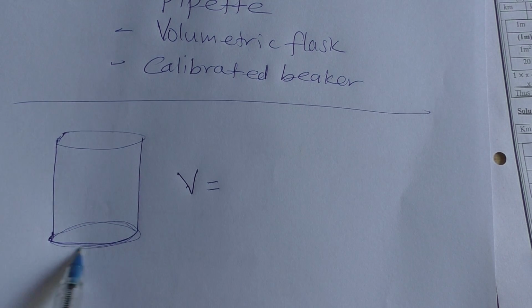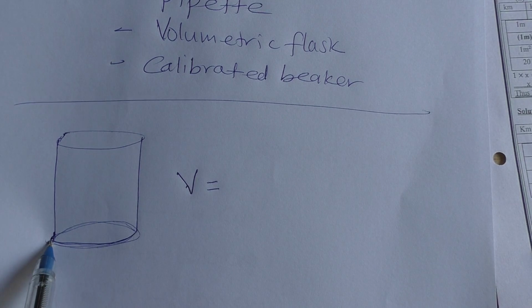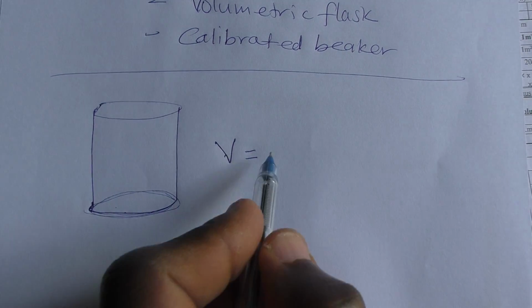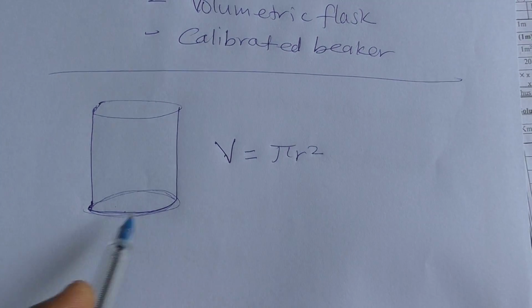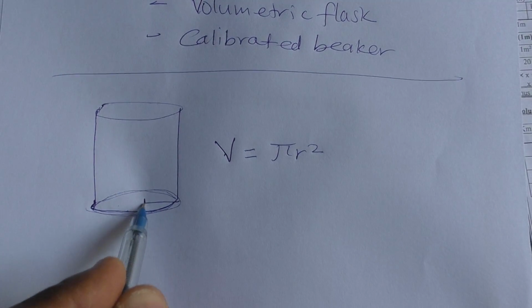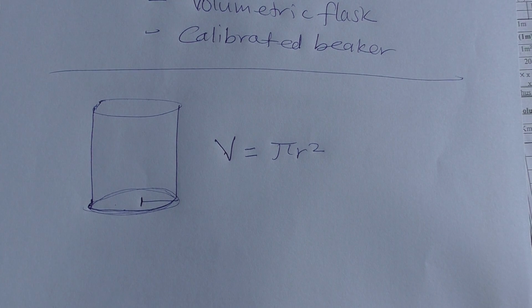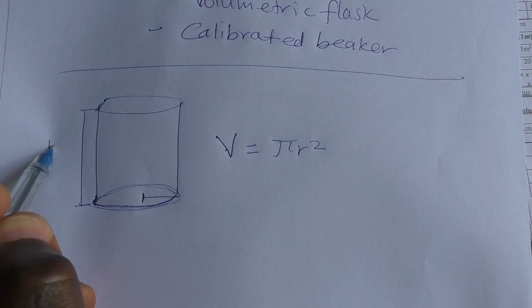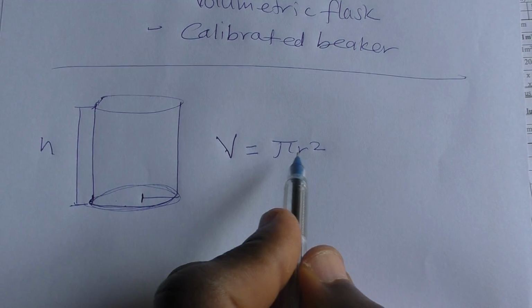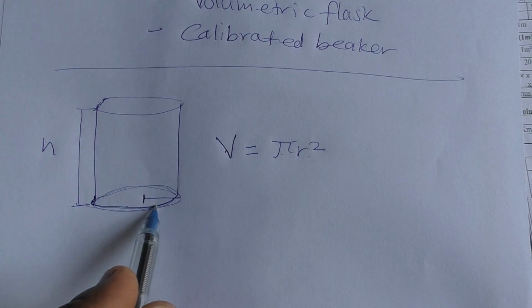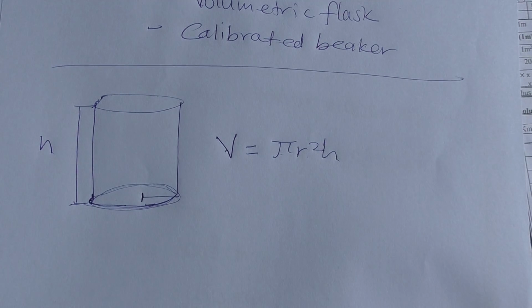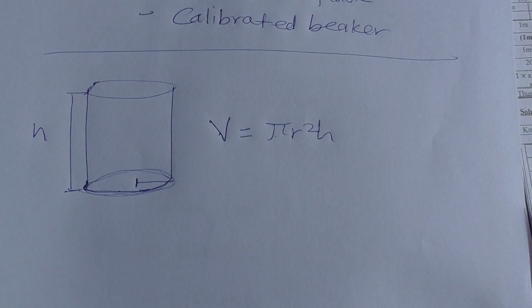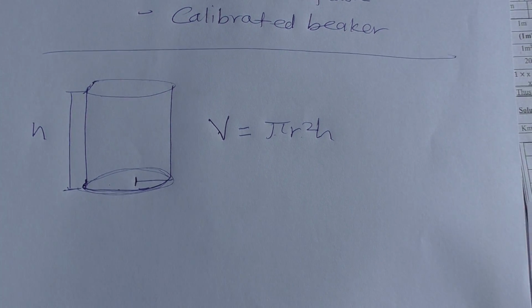So it is base area, but the base is in the form of a circle. Therefore, the base area is pi r squared, where r is the radius of the circular base, times the height. So it is pi r squared, which is the base area, times the height. That is volume of a cylinder or a cylindrical object.